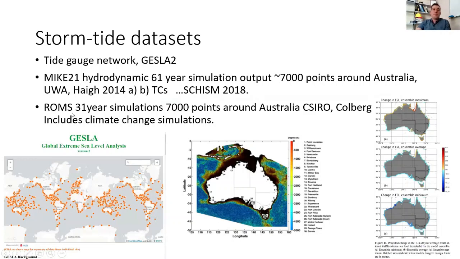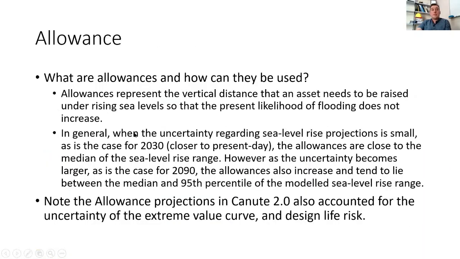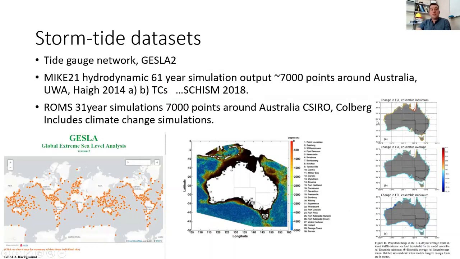Within the group, the CSIRO team and our colleagues who have moved to the Bureau, we have ROMS simulations of 31 years with a similar 7,000 points around Australia. The reference here is Colberg et al. 2019, and the nice thing about this data set is that it includes climate change simulations, so we can look at changes in storminess.